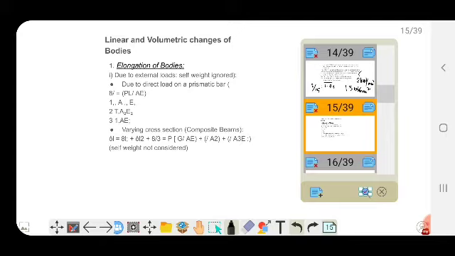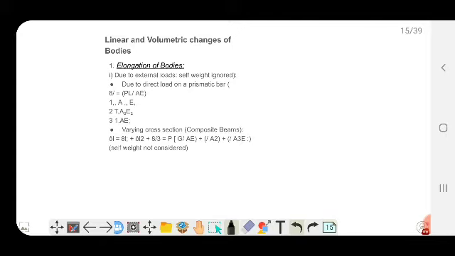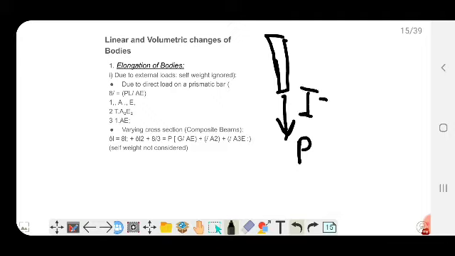Next, before we move on to problems, we need to know some formulas or tips. That is what we are going to discuss. Elongation of bodies: if we have a bar or rod subjected to some load P, due to which it elongates by some delta, then by Hooke's law, within the elastic limit, stress is proportional to strain, and the constant of proportionality is E, Young's modulus.